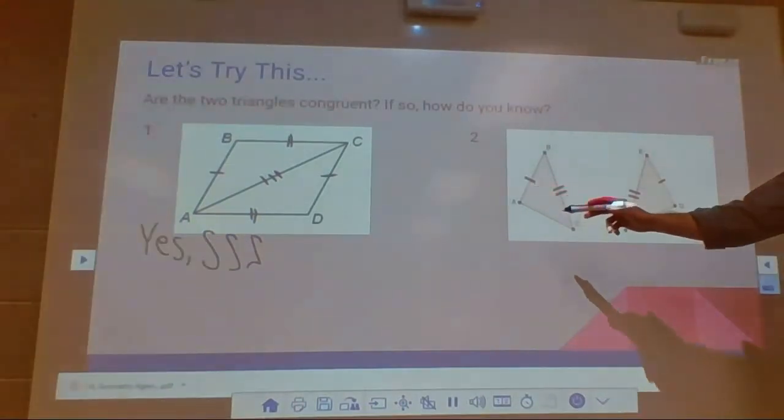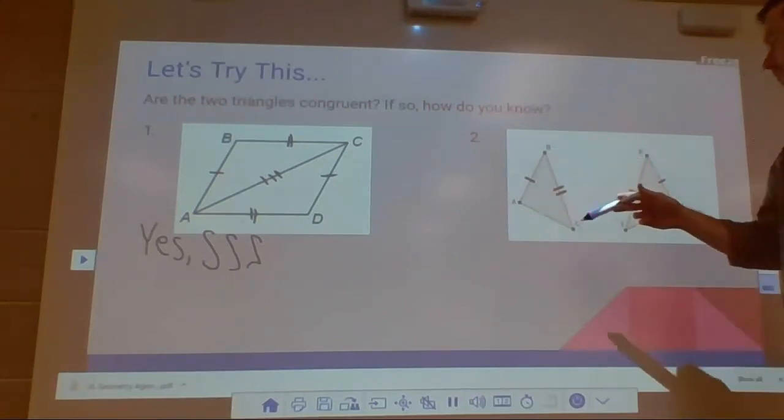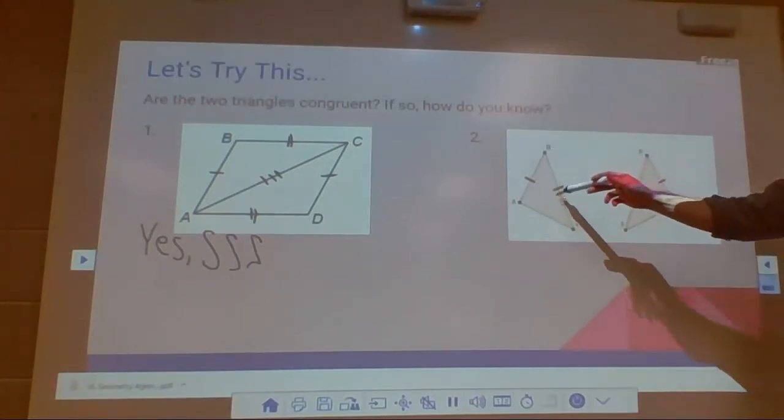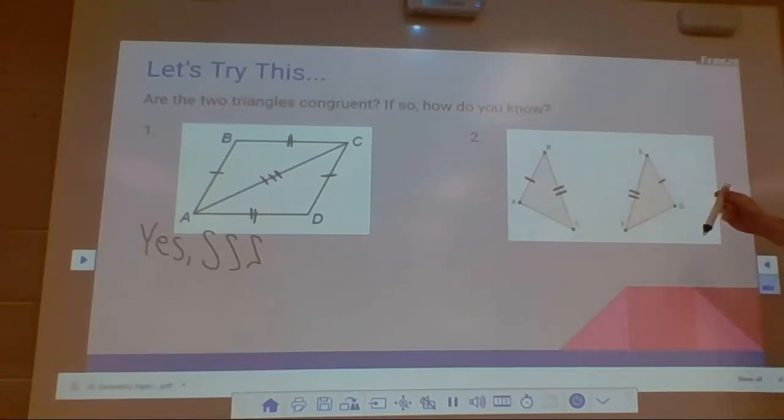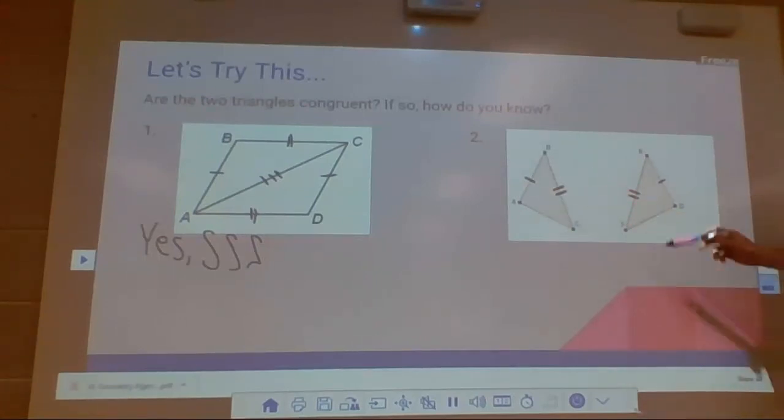All right, now let's look at number 2. So are the two triangles congruent? Well, we see that this has 2 congruent sides. We see that AB is congruent to DE and that BC is congruent to EF, but we don't know if they have a third congruent side.